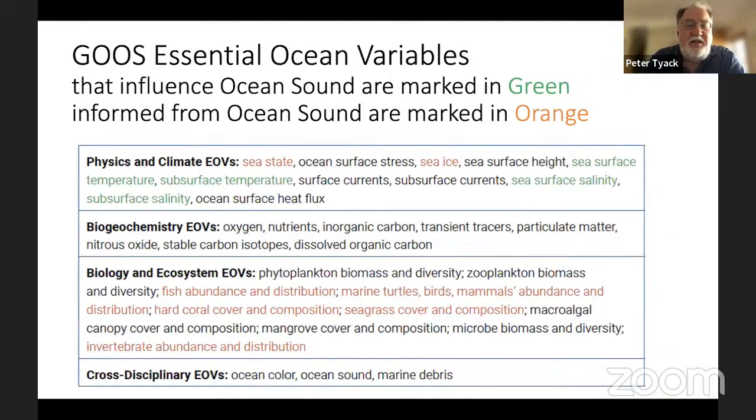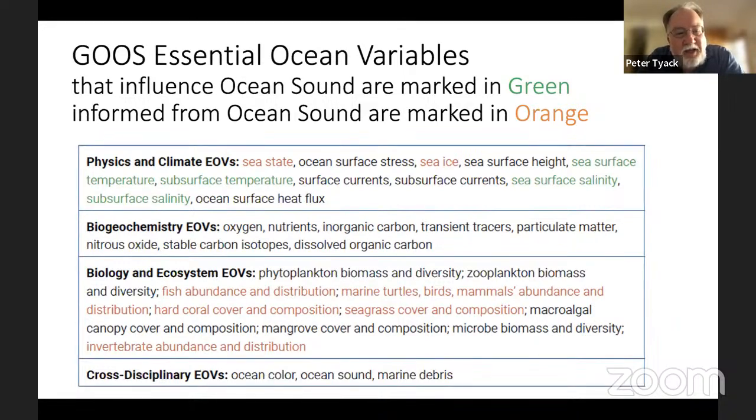So here's a list. I don't mean for you to have to read the whole thing, but I'll just mention the physics and climate essential ocean variables are mainly physical oceanographic measurements. Biogeochemistry are more the flow of chemical compounds through the oceans, which, for example, is really important in thinking about carbon flux in the ocean and stability of its being sequestered.